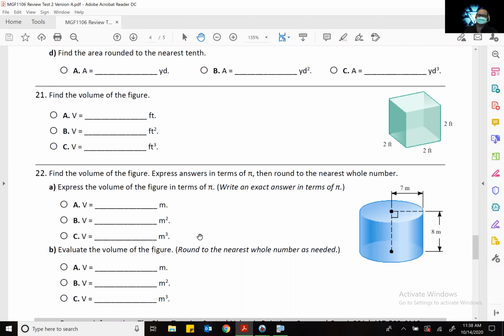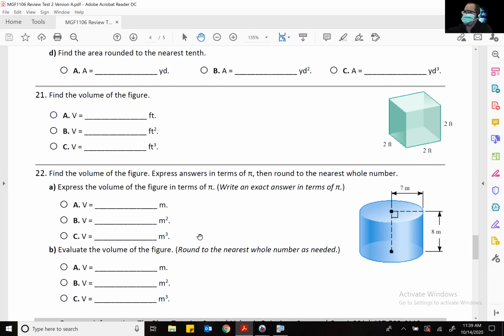So 21, we've got this figure over here. Oh, let me draw this as best as I can. Oh, I just messed that up already. Sorry, give me just a moment. So we're looking for the volume of a cube.